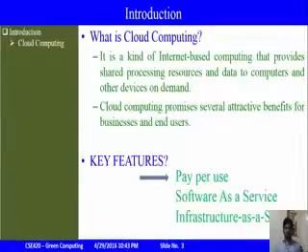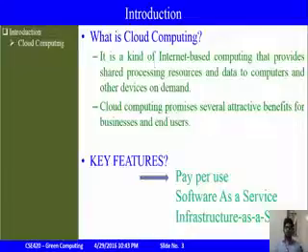Before we start, we need to know what cloud computing is. Cloud computing is basically a kind of internet-based computing that provides shared processing resources and data to computers and other devices on demand. Also, cloud computing promises several attractive benefits for businesses and end users.